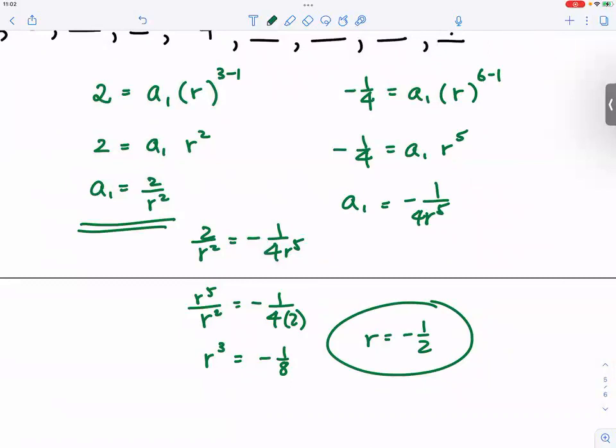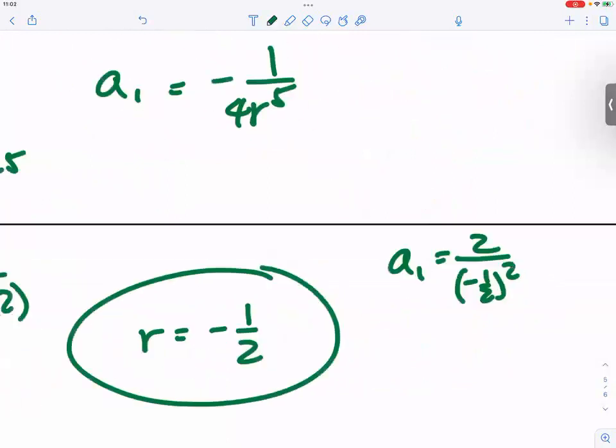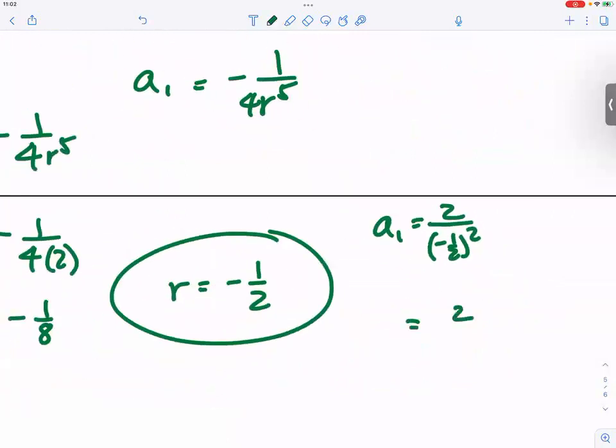I will use the one on the left because that's easier. So A1 is equal to 2 over negative 1/2 squared. 2 over 1/4, yes. That means you have 2 divided by 1 over 4, which means 2 times 4. So your A1 is 8.